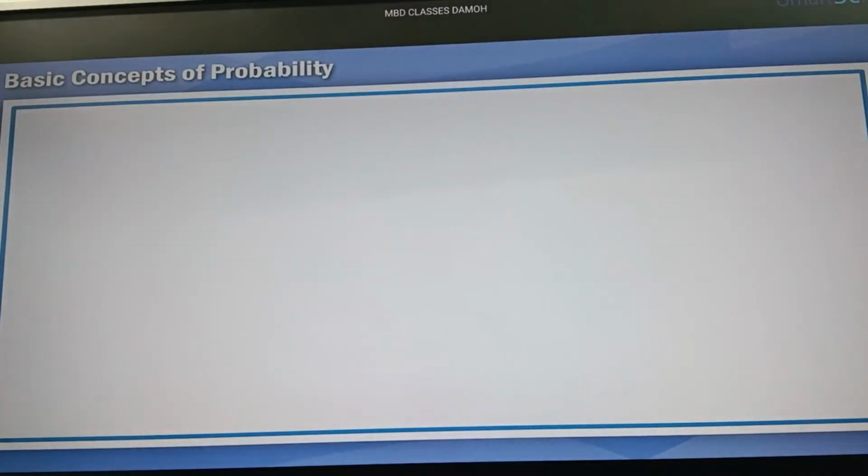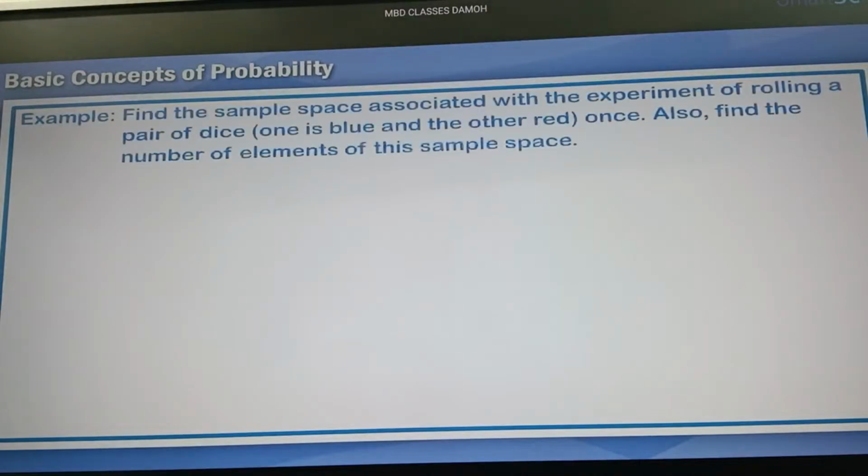Let us take another example. Find the sample space associated with the experiment of rolling a pair of dice, one is blue and the other red, once. Also, find the number of elements of this sample space. Let us try to solve this.